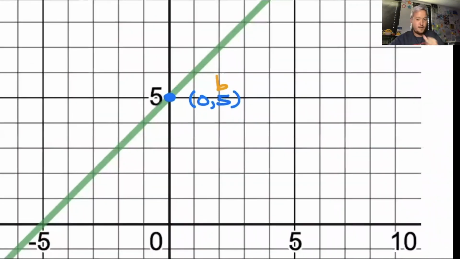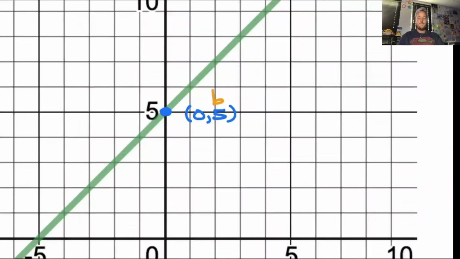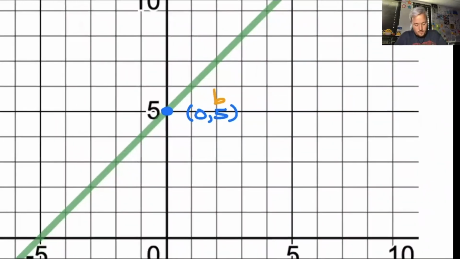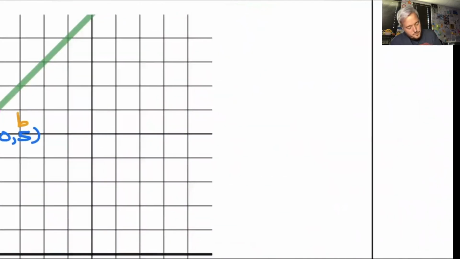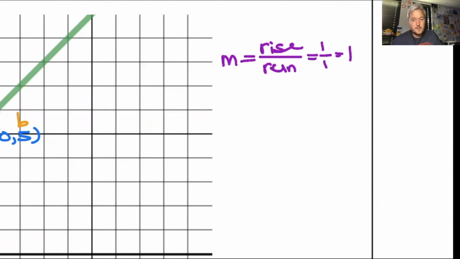My advice is to use your y-intercept as one of your points. So if you look, we're going just up 1 and over 1. So +1 and +1. That means your slope, which is your rise over your run, is 1 over 1, which simplifies to 1.